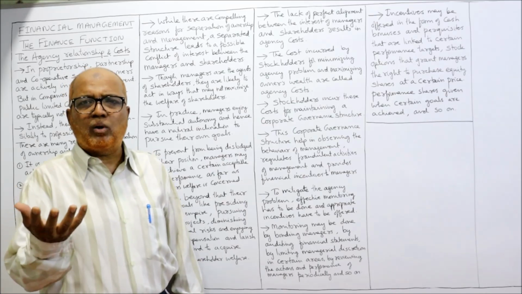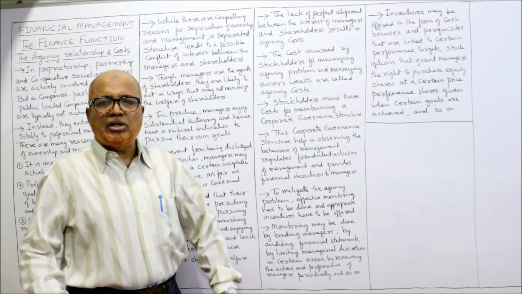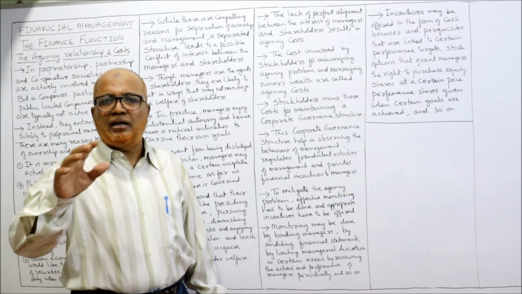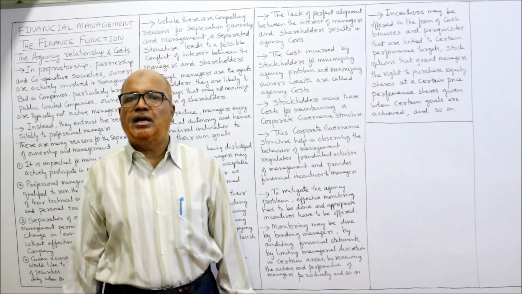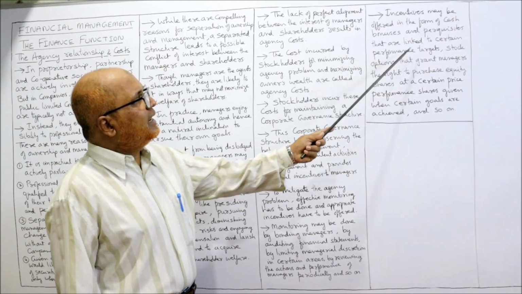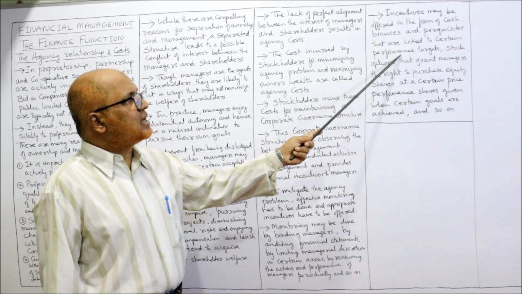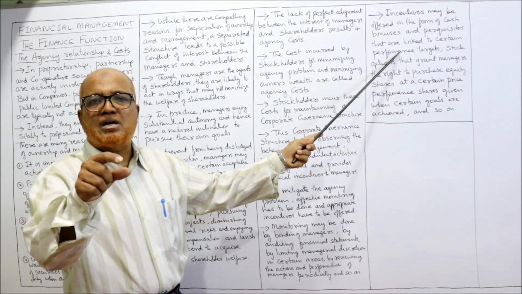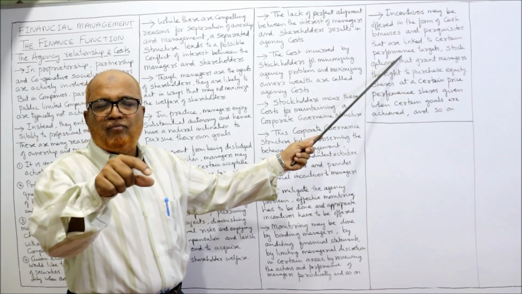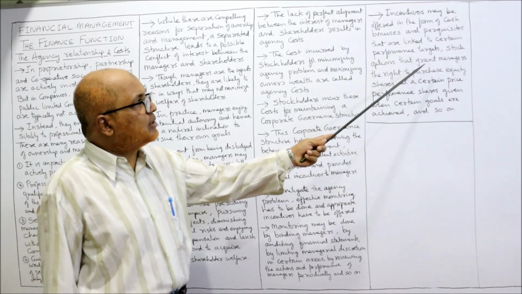All these many perquisites are given by the company to the management, so that management are motivated and there will be a balance between the interest of shareholders and managers, linked to certain performance targets. That means bonus and perquisites are linked to their performance target. If they achieve the performance target, they will be given bonus, they will be given perquisites.